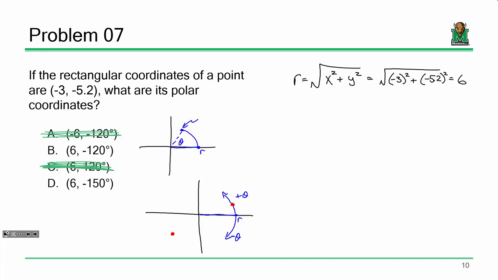Or well, it doesn't come out to be exactly 6. Let me do the math here. It actually comes out to be about 6.02, which I guess the problems that are on these PowerPoint slides are technically not written in FE format, because usually when you do FE questions on the exam, the question wouldn't say what are its polar coordinates.